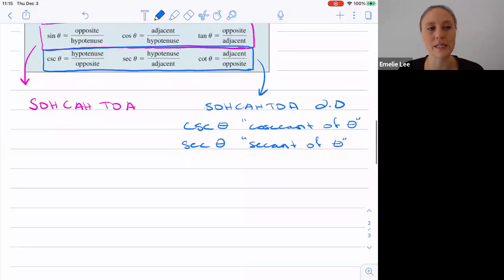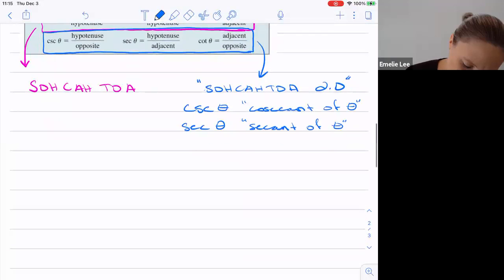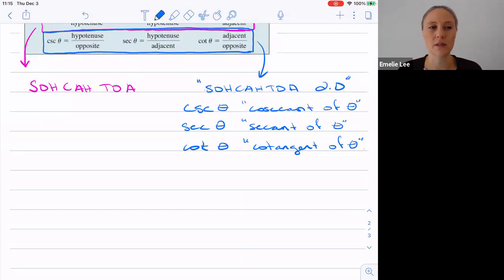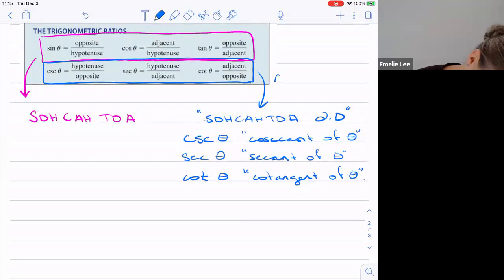And these are just additional trig functions. And then COT of theta is the cotangent of theta. Okay, so these are additional trig functions.